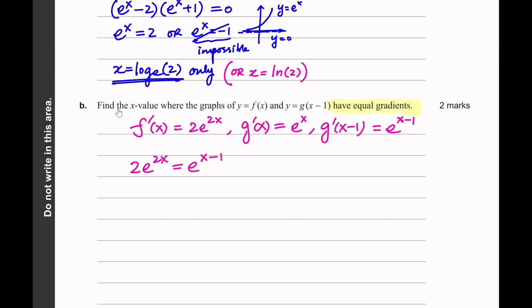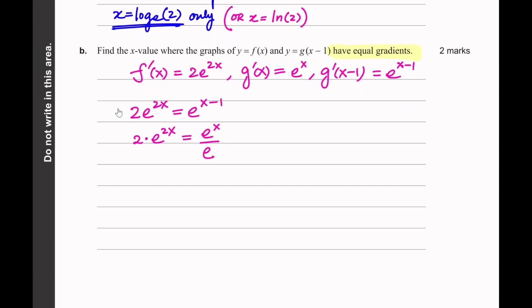And then what I'm going to do is I'll write 2 times e to the power 2x equals e to the power x divided by e. Then I'll combine the e^x and e^(2x) terms, like e to the power 2x divided by e^x equals 1 over 2e. The reason why this time I can divide by e^x, compared to the previous question where I couldn't divide everything by sine, is because e^x is larger than 0.